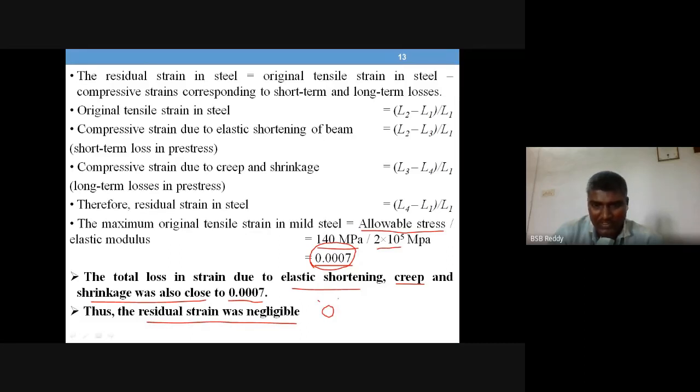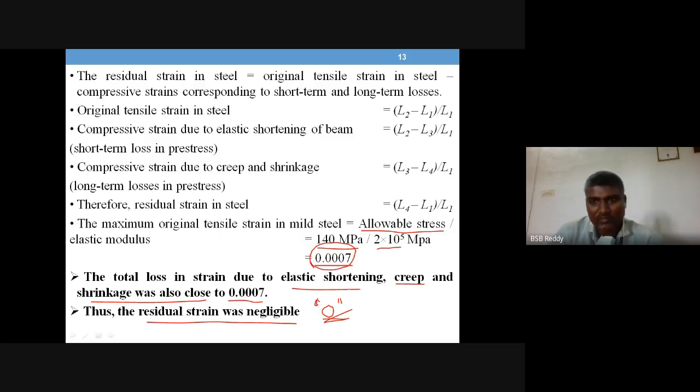Means the stress that you created initially is getting lost. Finally, the remaining value of stress is almost zero. So there is no point in calling a member a pre-stressed concrete member when it is having zero pre-stress.